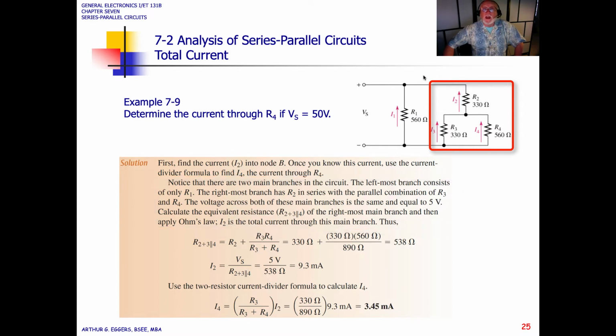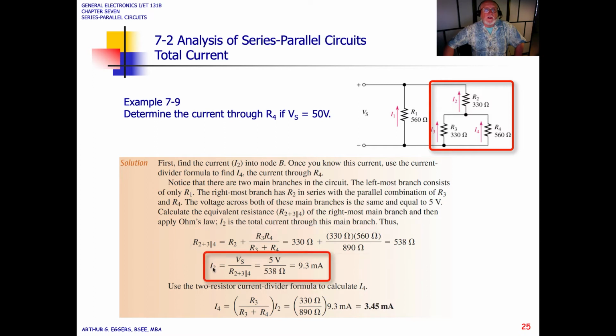If we look at this series parallel combination on the far right, we can see that R2 plus R3 in parallel with R4 is equal to R2 plus the product over the sum, which gives us 330 plus, again, the product over the sum, and we get 538 ohms. That's the entire equivalent resistance on the far right side.